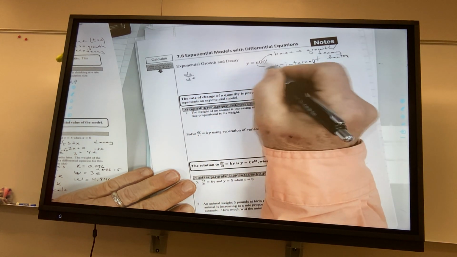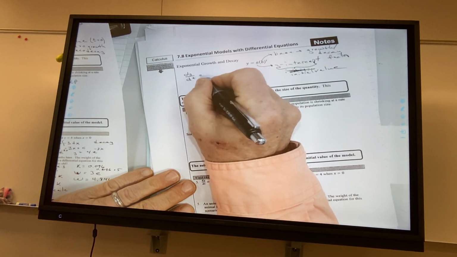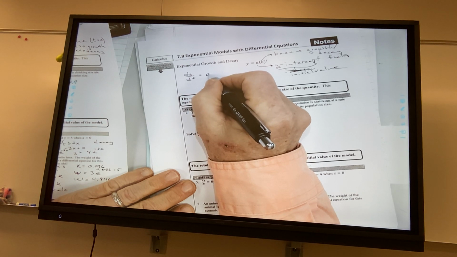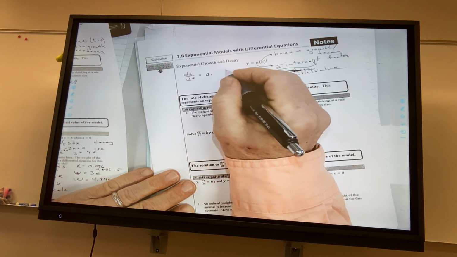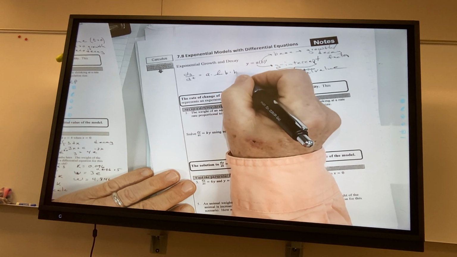So I'm going to take the derivative here, and this is going to be equal to, if you remember, a is your constant, the natural log of b times b to the t power.